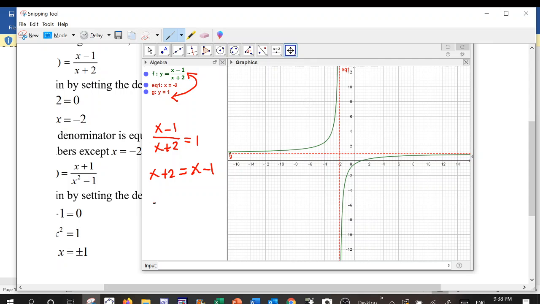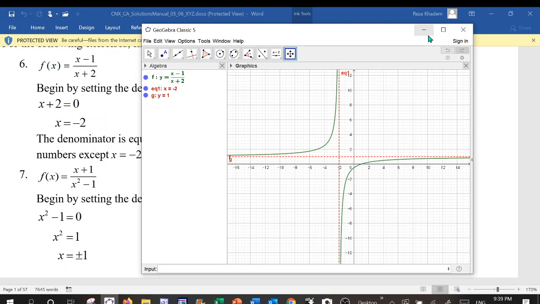Then if you move the x's to one side and the numbers to one side, what do you end up with? 0 equals negative 3. What does that tell us? That there is no solution. What does that mean? Well, it means that this graph will not cross this red line, ever. That's how we know. Okay. All right.